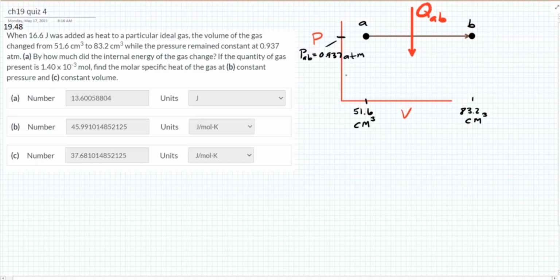Question: how much did the internal energy of the gas change when you went from A to B? What's the change in internal energy?